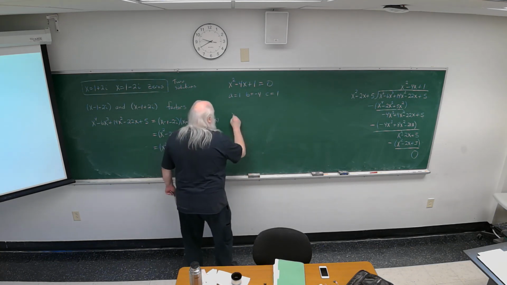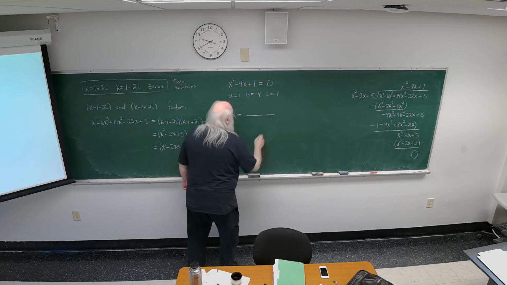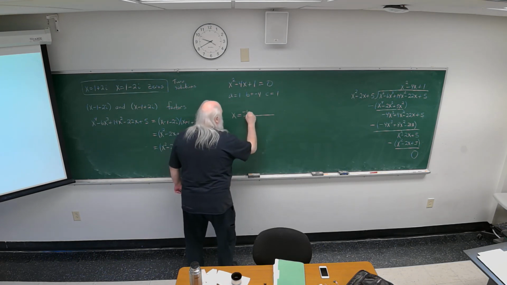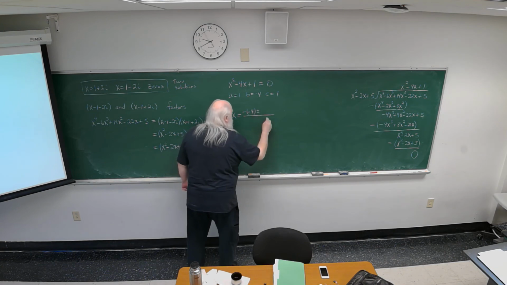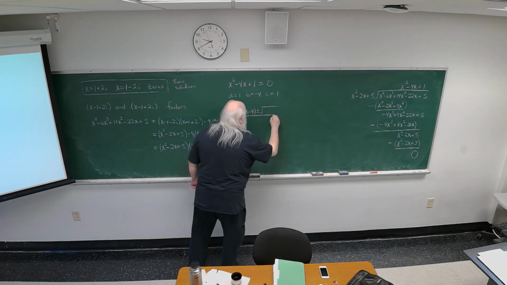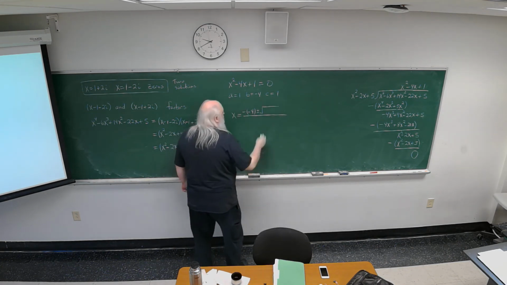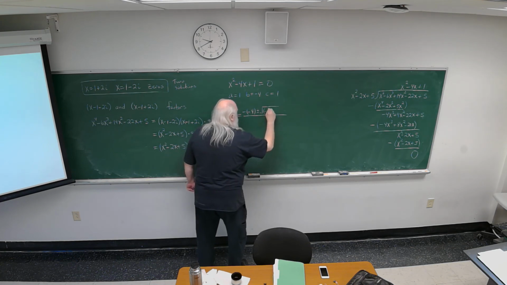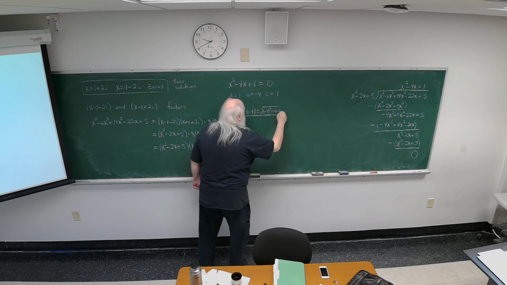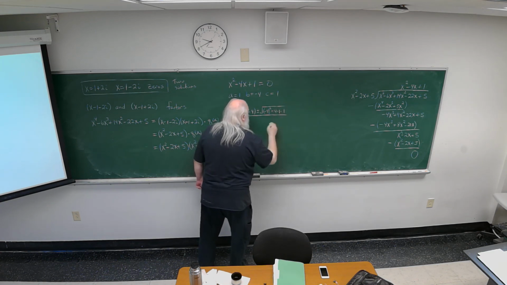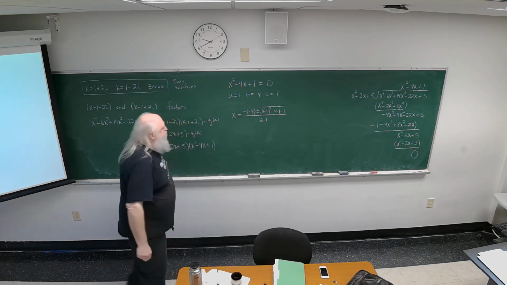So x is equal to -b, is the negative of -4 plus or minus the square root of b squared, which is -4 squared, minus 4 times a, which is 1, times c, which is 1, over 2 times a, which is 2 times 1.